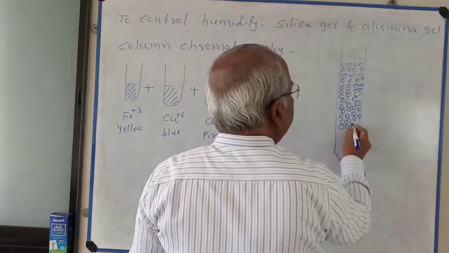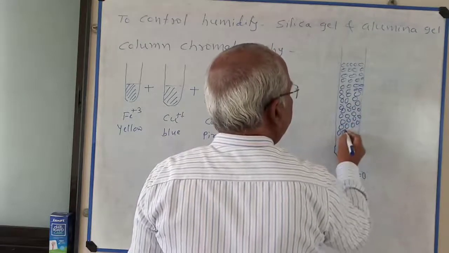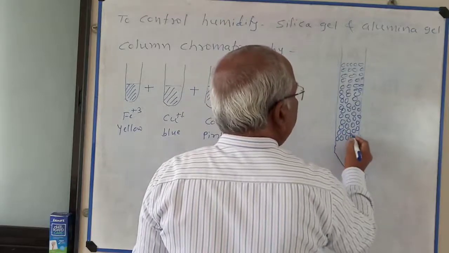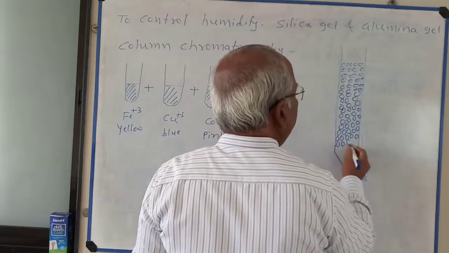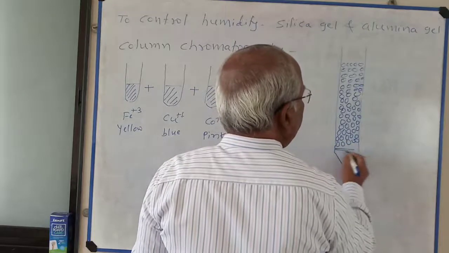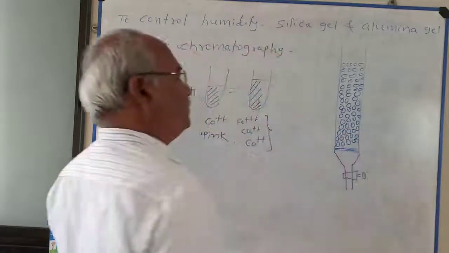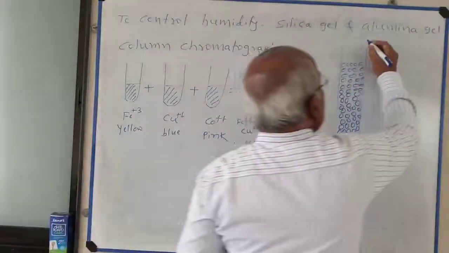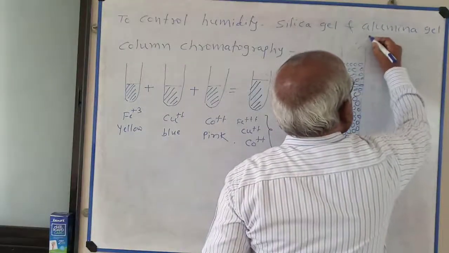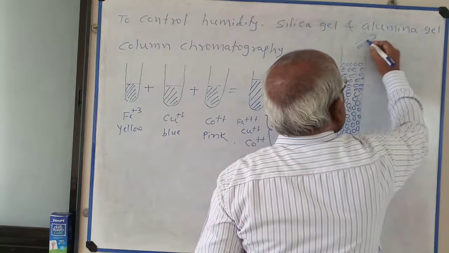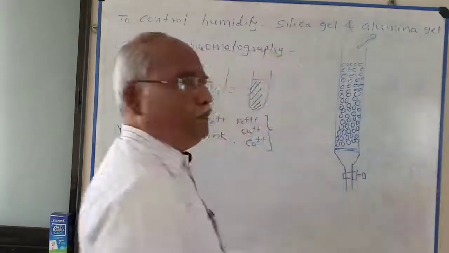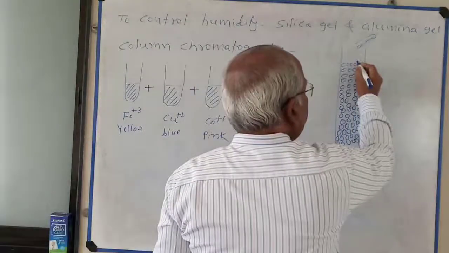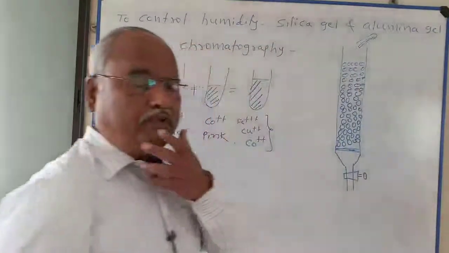We are separating different constituents of the mixture by the technique of adsorption. Here is cotton. So this mixture is poured over this silica or alumina gel. When we pour this mixture, the mixture starts flowing down.